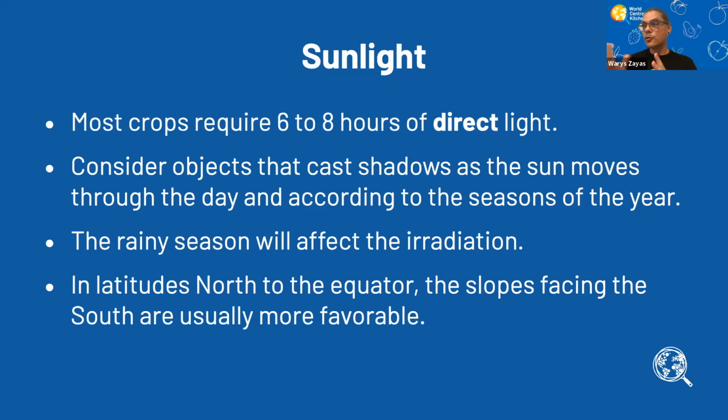Another factor is that in the tropics where we are, the longest days are during the summer, but the summer is our rainy season too. And the clouds during this season could potentially cause a problem with direct sunlight because they block the radiation.